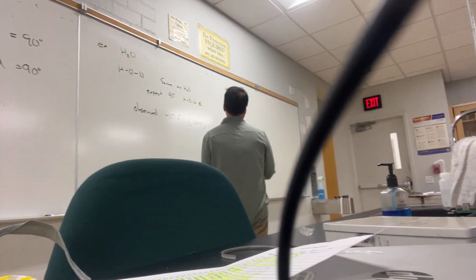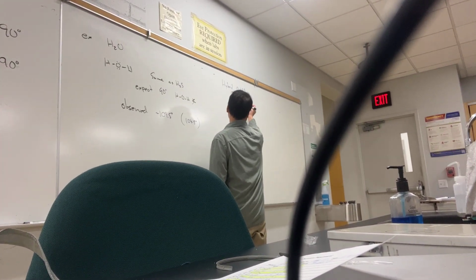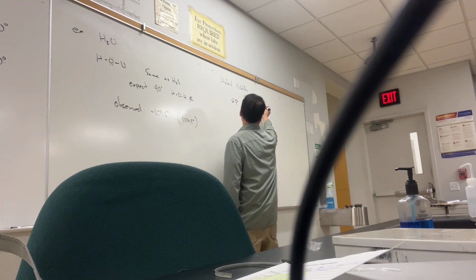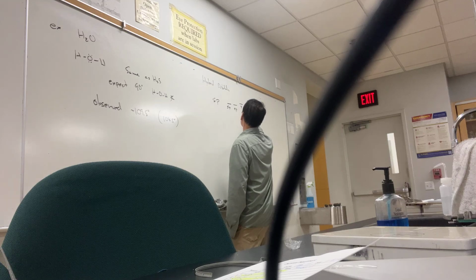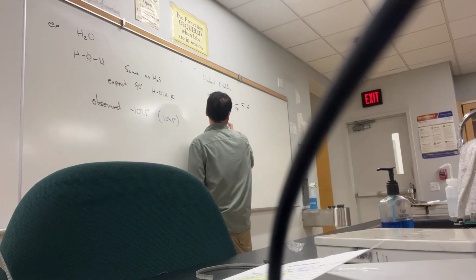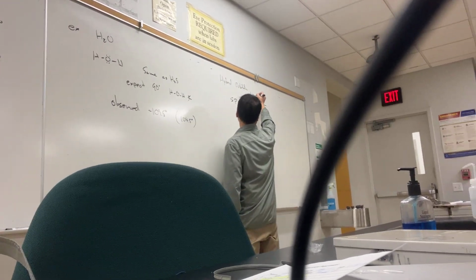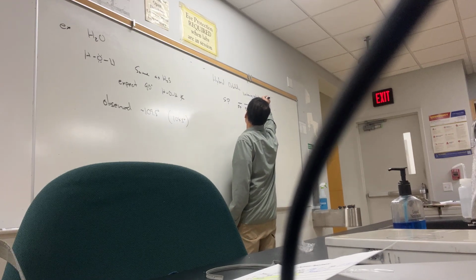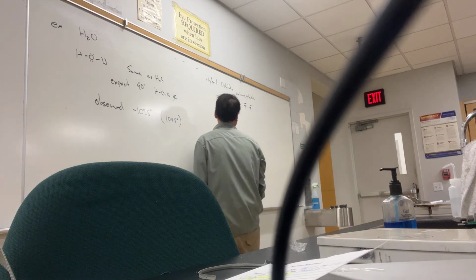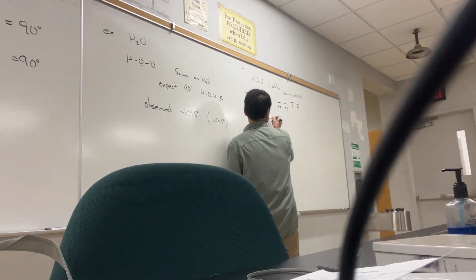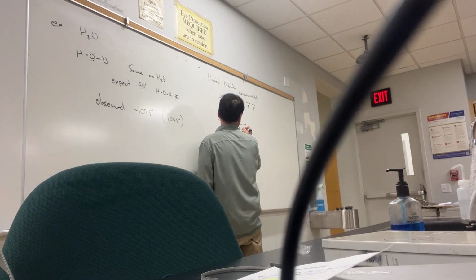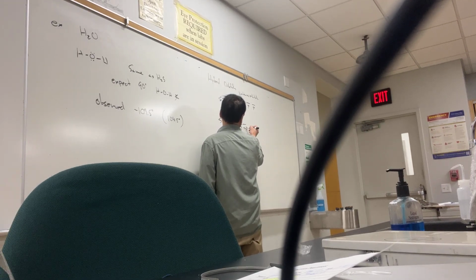We have the sp2, of which there are three, and that leaves one p orbital left over. We have the sp3, of which there are four. They're all equal in energy. There are no p orbitals left over.